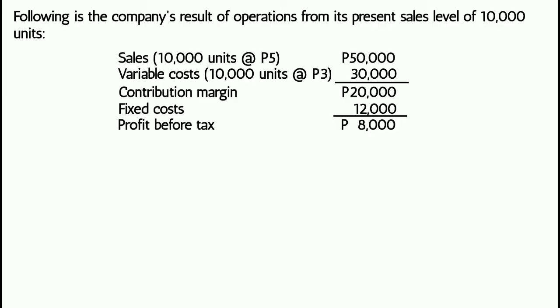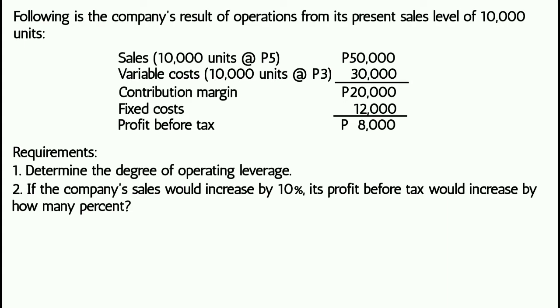Contribution margin 20,000 pesos. Fixed costs, 12,000 pesos, and the profit before tax is 8,000 pesos. Requirements, requirement number 1, determine the degree of operating leverage. And requirement number 2, if the company's sales would increase by 10%, its profit before tax would increase by how many percent?